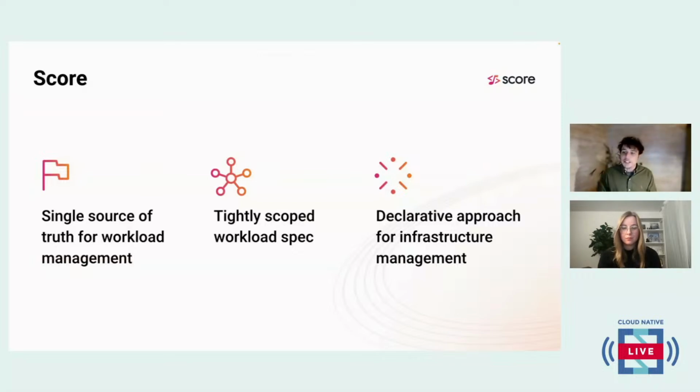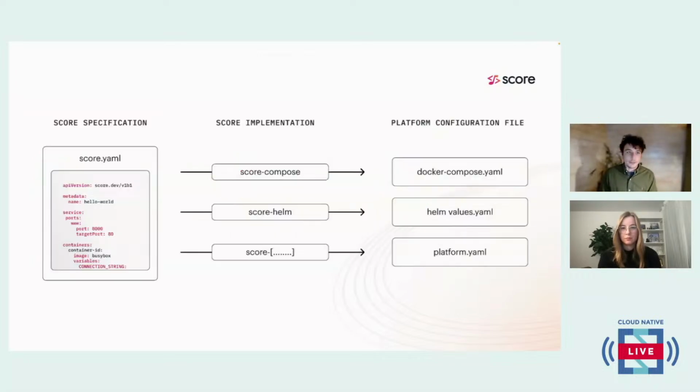And a completely declarative approach for infrastructure management. Okay, so the context we're talking about here is declaring what we need and being given that. Obviously there are declarative tools for infrastructure as code, but this is looking at, as a developer, I declare what I need, I get given that, I don't care where it runs, I don't care where it is, I don't care too much about the underlying configuration.